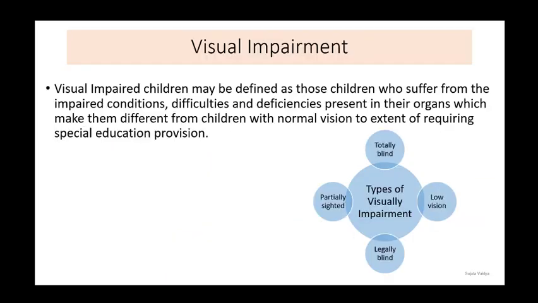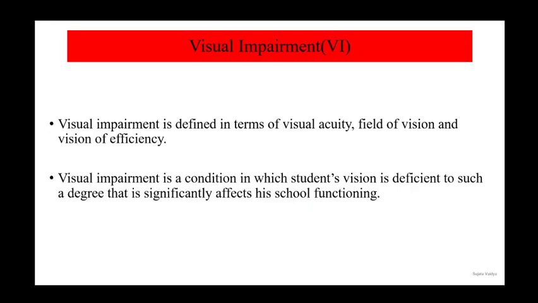Visually impaired children may be defined as those children who suffer from impaired conditions, difficulties and deficiencies present in the organs which make them different from children with normal vision, to the extent of requiring special education provision. Visually impaired students may be of low vision, legally blind, partially sighted or totally blind.